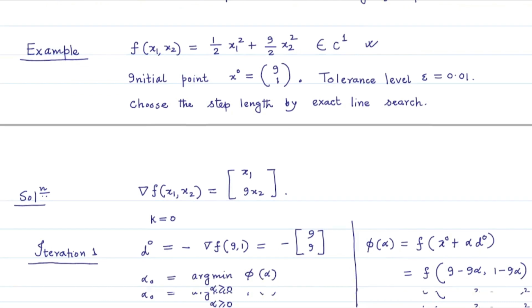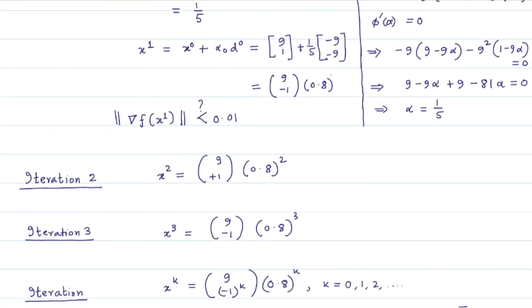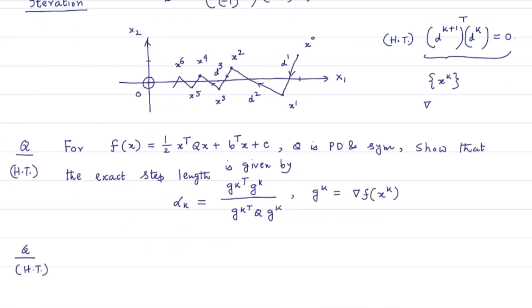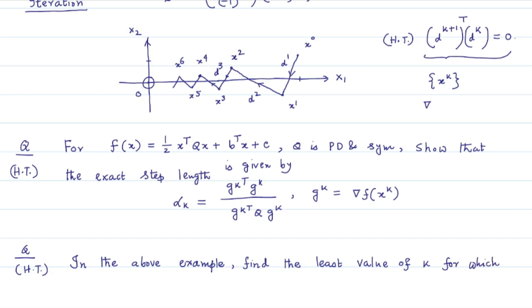And for this function, we have identified that the sequence of iterates for general k is given by this expression. Now find the least possible k for which the norm of xk is less than epsilon, or the least value of k for which the gradient of f is less than epsilon.